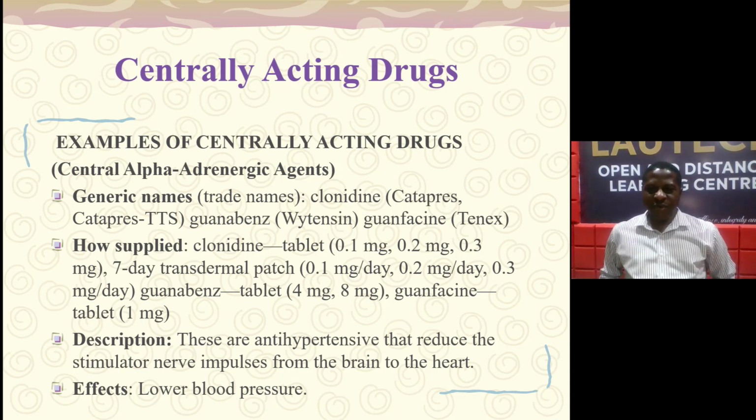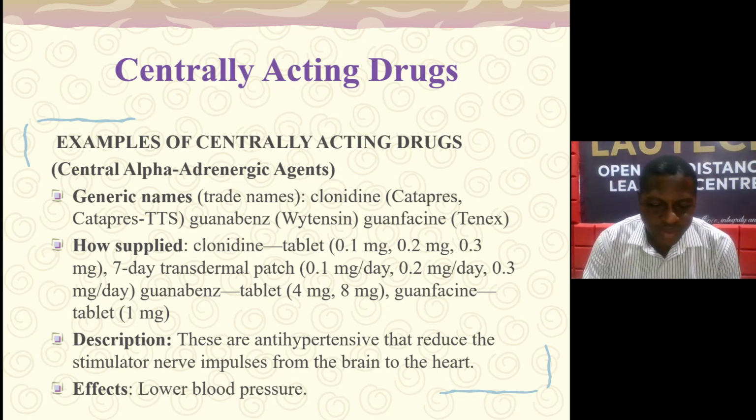Clonidine tablets come in 0.1 milligram, 0.2 milligram, 0.3 milligram, and there is also a 7-day transdermal patch. It can be supplied as a dermal patch used for 7 days, delivering 0.1 milligram per day, 0.2 milligram per day, or 0.3 milligram per day. Then guanabenz tablets, 4 milligram and 8 milligram. Guanfacine tablet, 1 milligram.